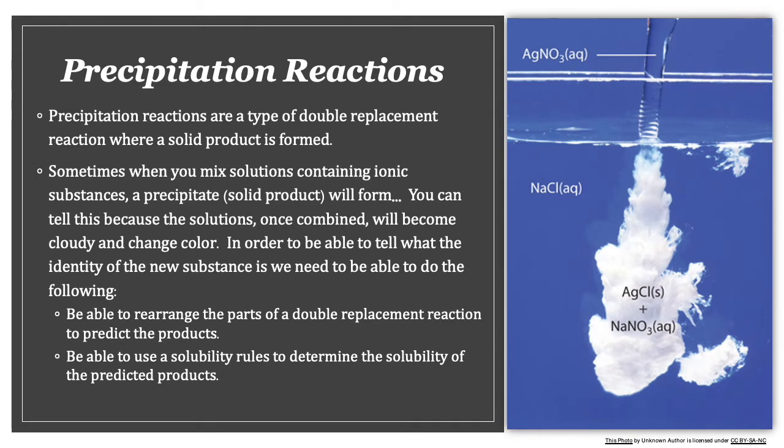In the previous building block, we did learn how to determine the solubility of compounds using the solubility rules. So in this building block, we're learning how to predict the products for double replacement reactions, and then we're going to apply what we've learned about the solubility rules to determine the identity, or even just if, a solid product is formed from a double replacement reaction.